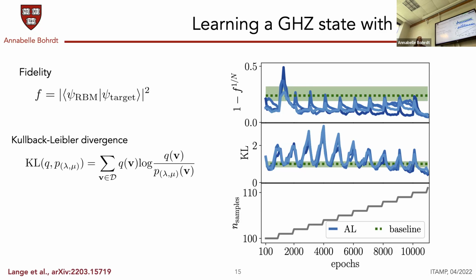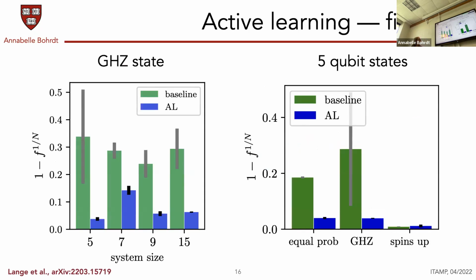We can also look at this for different system sizes. We looked at the 9 qubit situation before; we can look at 5, 7, and 15, and in all those cases we find basically two things. First, the fidelity is much better for the active learner, so it's always better to make an informed choice of your measurement configurations than to choose them randomly. The other thing is that here we're looking at the variance, which is how different the fidelity is within our ensemble of RBMs.